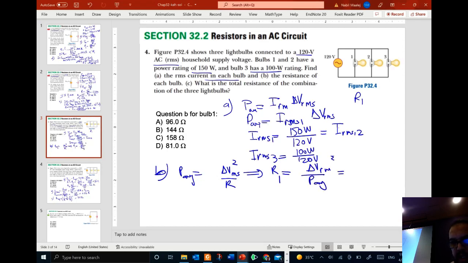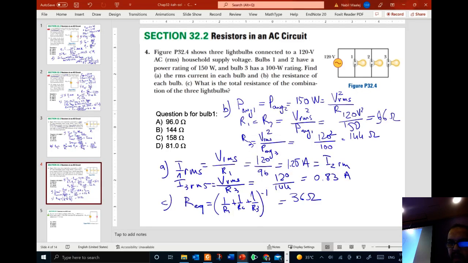So for R1, delta V RMS is 120 squared divided by the average power, which is 150 watts. When you do that, you find that R1 is going to be equal to 96 ohms.